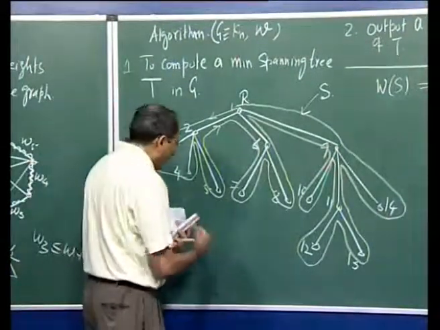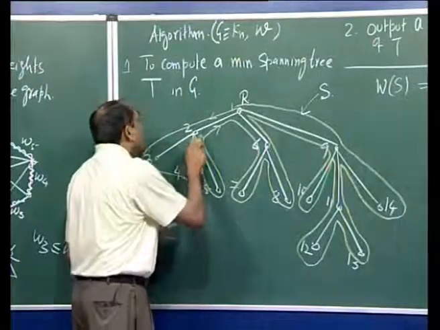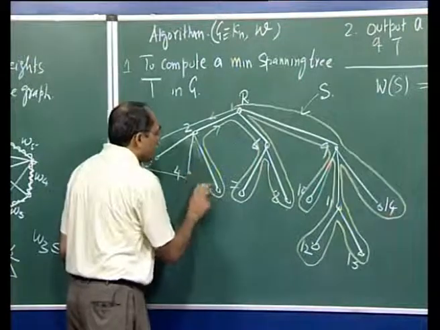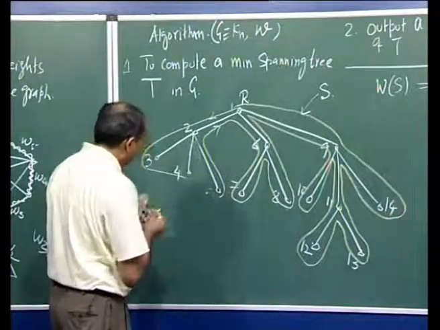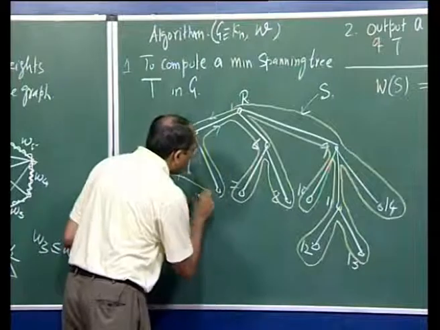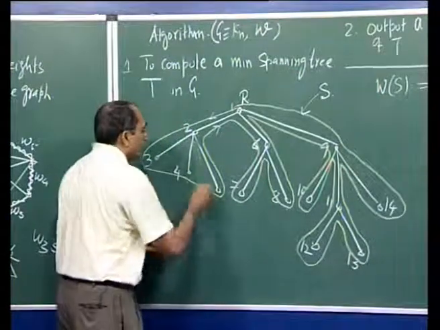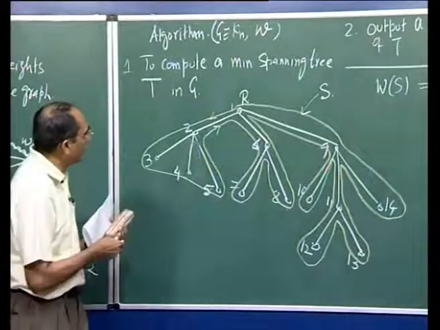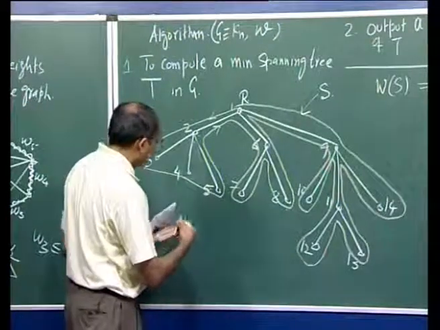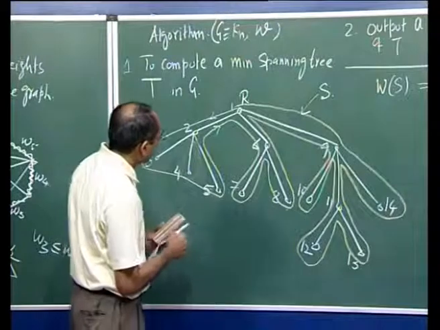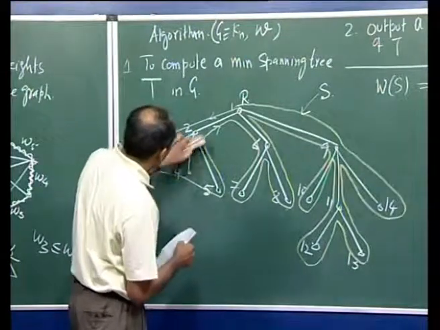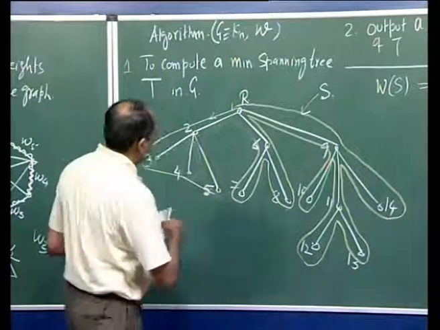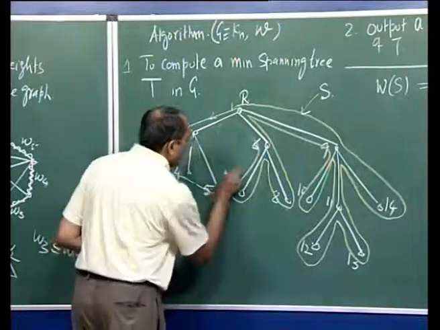By the same token, we will directly go from 4 to 5, we will directly go from 5 to 6.